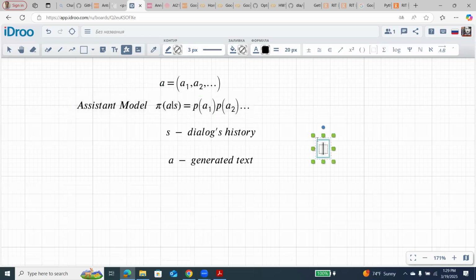And of course, we should use log probabilities because the product of numbers smaller than 1 will result very rapidly in 0. So instead of the product of probabilities, we typically use the log of the product. I hope now you have an idea how to calculate the probability of the phrase that our model produces for a given prompt.